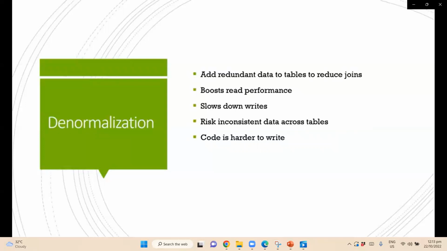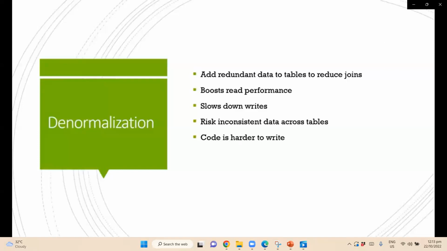The downside is, once again, we're sacrificing write performance and we're risking inconsistent data across tables because if you have something that's, let's say, in two tables now, you have to somehow figure out a way so that when you write to one table, it also changes that data in the second table where the data is also located. Otherwise, you could get a situation where somebody tries to retrieve the data and the value is actually different in two different places. So you then have inconsistency, which for certain applications could be a major issue.